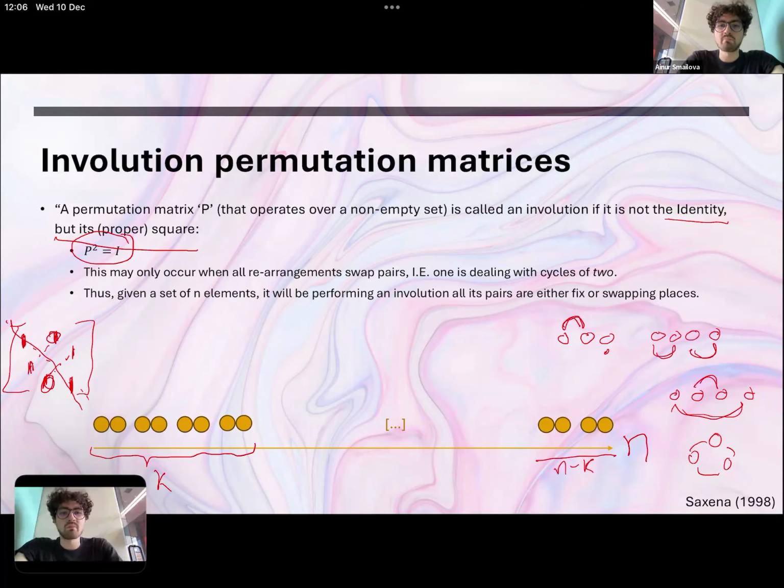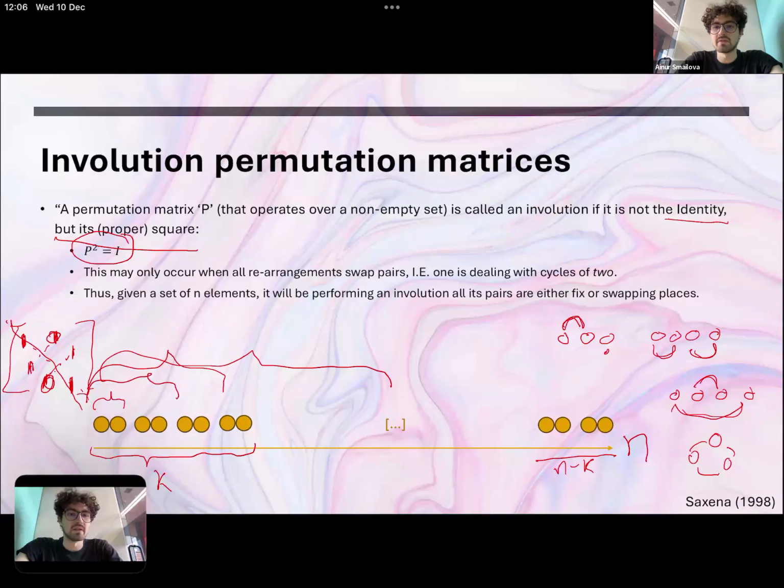At first you only consider this pair, and then you will consider these other two, and then you will continue to consider every element until you cover as many as possible. And if you do this, you can consider every possible involution. So if you want to know, for any set of size n, the number of all the possible involution matrices, then this is what you would need to do.